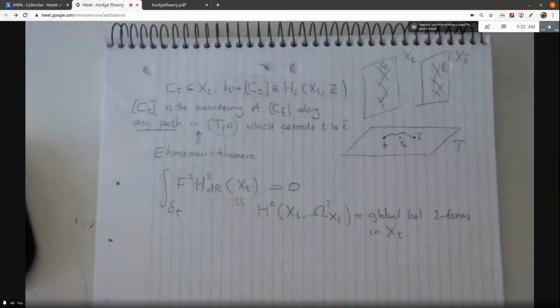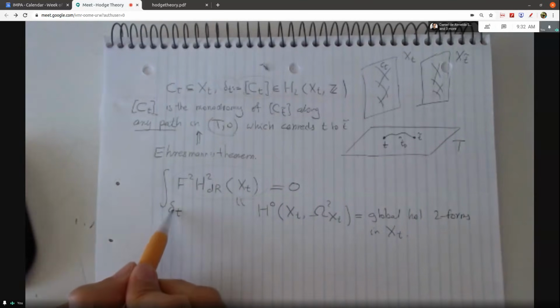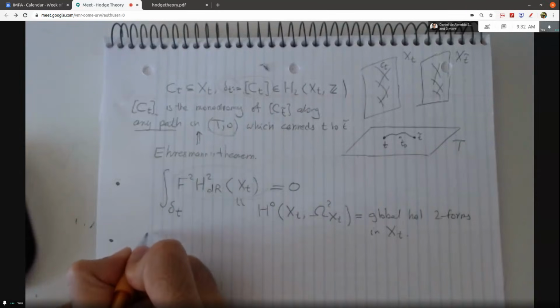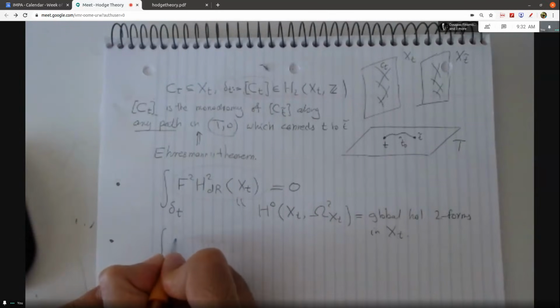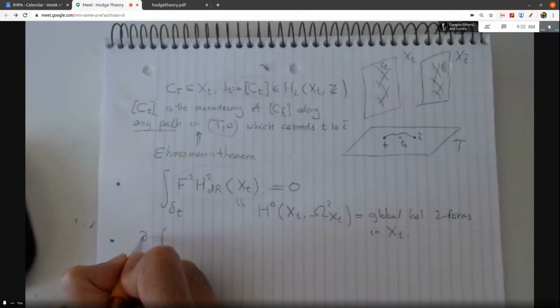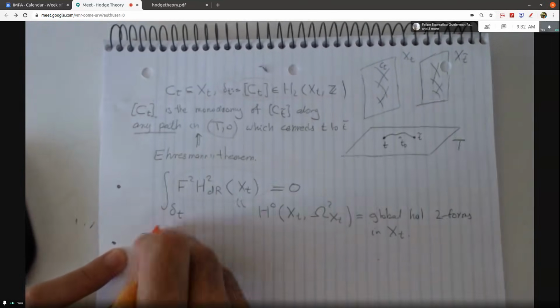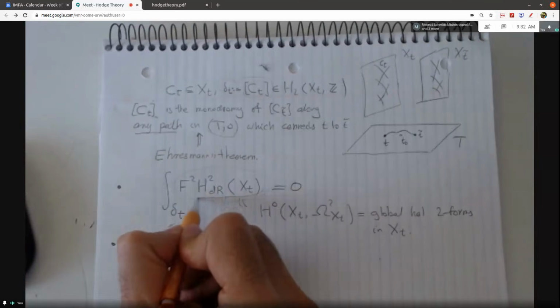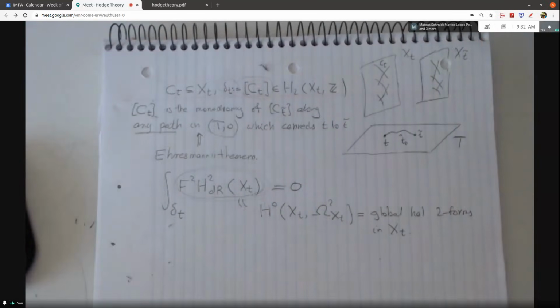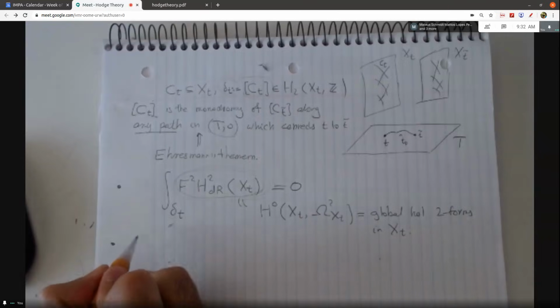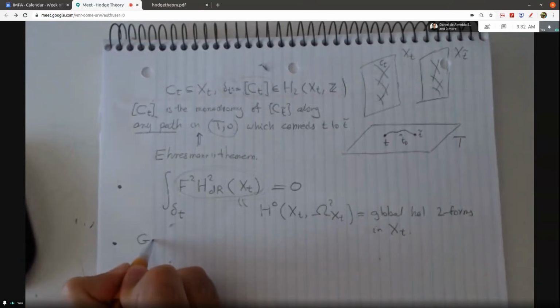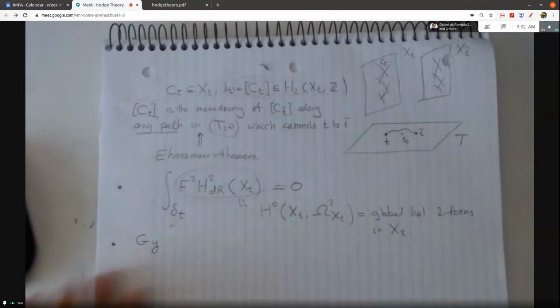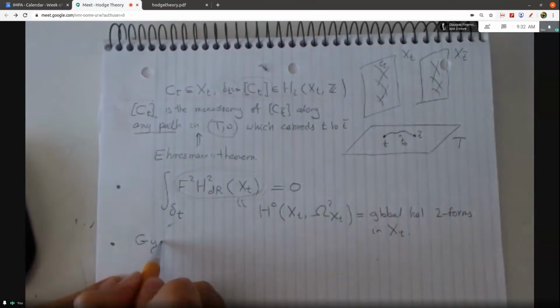So the idea would be that these guys, let's say, okay. So I will need to describe the Hodge filtration here. For this one, I will use Griffiths' theorem, but let's first write the Gysin sequence.